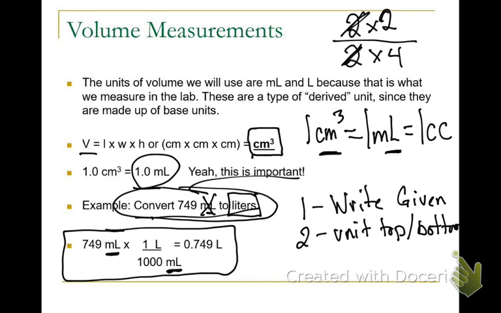That's why we see this milliliter there. And then the last thing, you need to figure out your conversion factors. And that can be a difficult part, and we'll spend some time doing that. But those are the 3 basic parts of any type of dimensional analysis, any type of conversion.